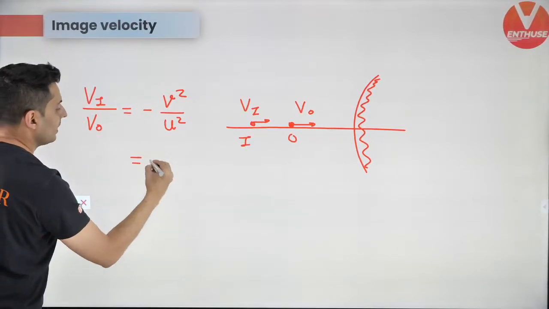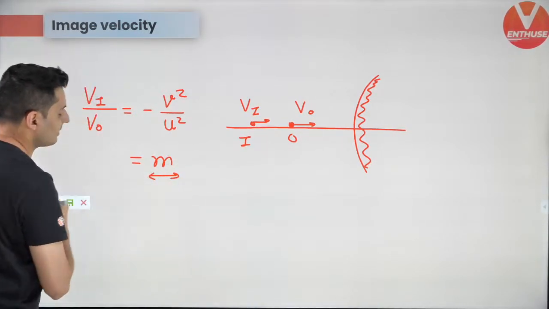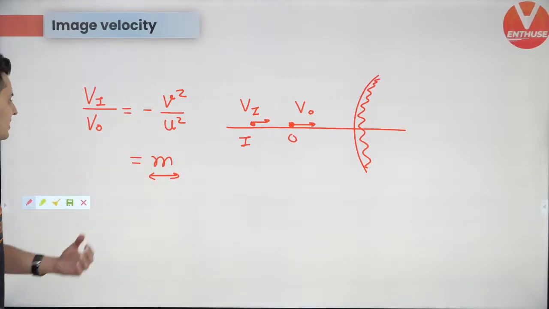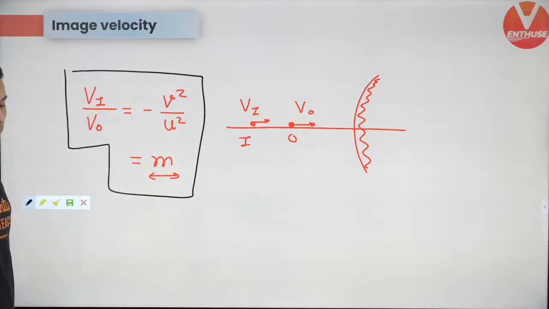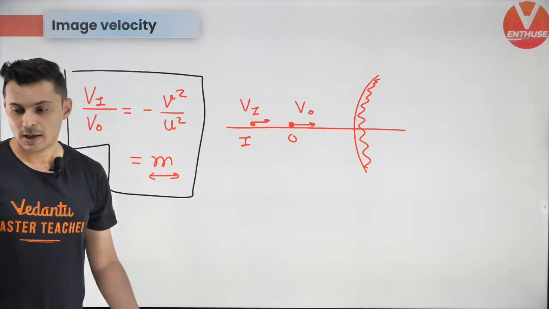Same like that magnification along the principal axis for the width. So same formula is there for this as well. So you should note it down. -v square by u square.